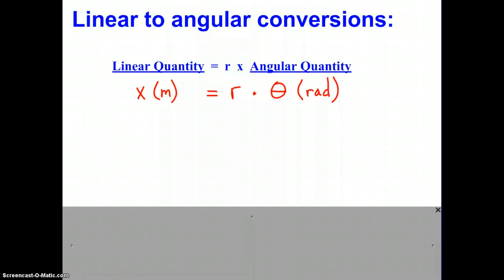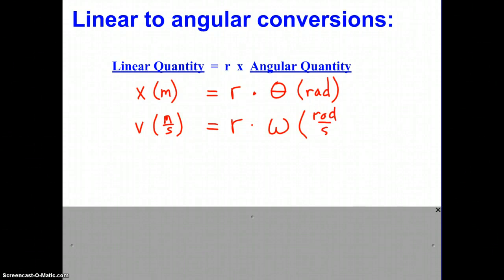What about linear velocity? Well, the units of linear velocity are meters per second. How would we calculate it? R times angular velocity. The symbol for angular velocity is the lowercase Greek letter omega, which is basically a curvy w. Our units of angular velocity would be radians per second, similar to meters per second.